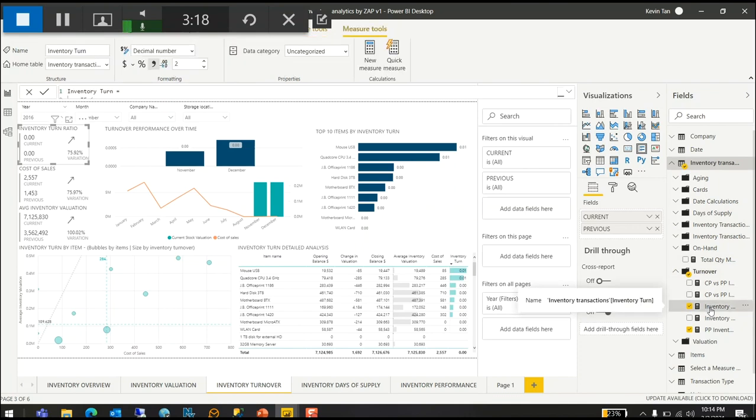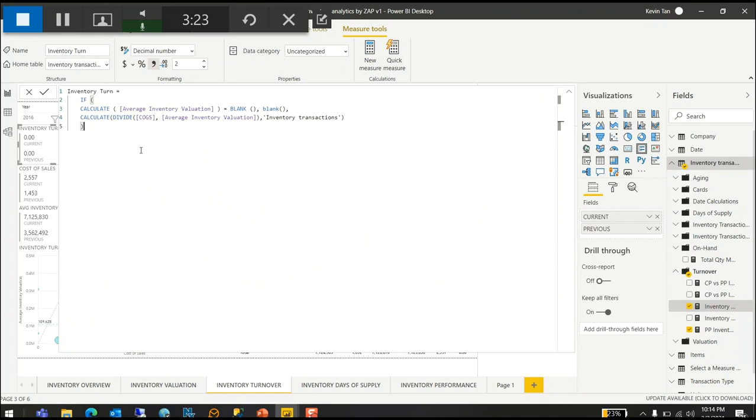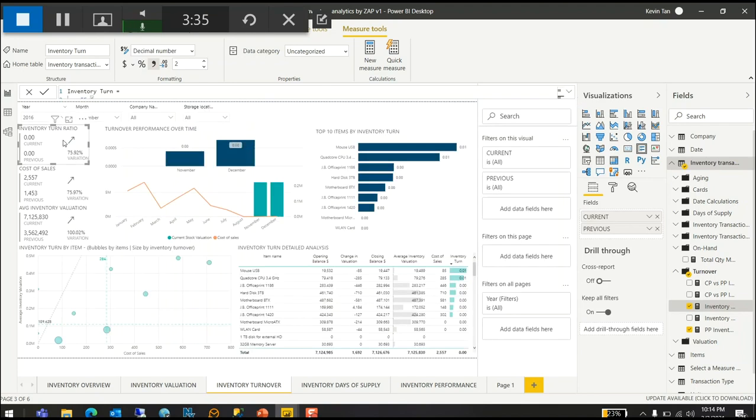Take a look at that formula, and here you see the formula for inventory turn is computed as cost of goods sold divided by average inventory valuation. So what that means for a value to be very small, it means the denominator is very large.